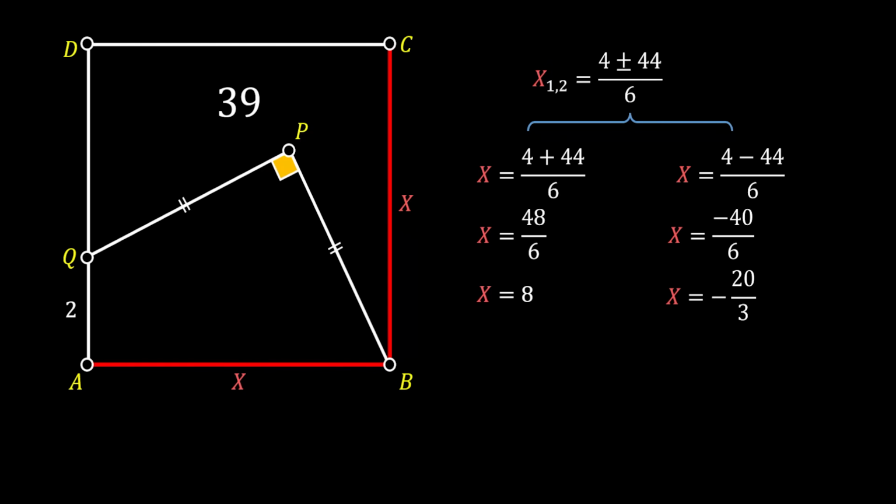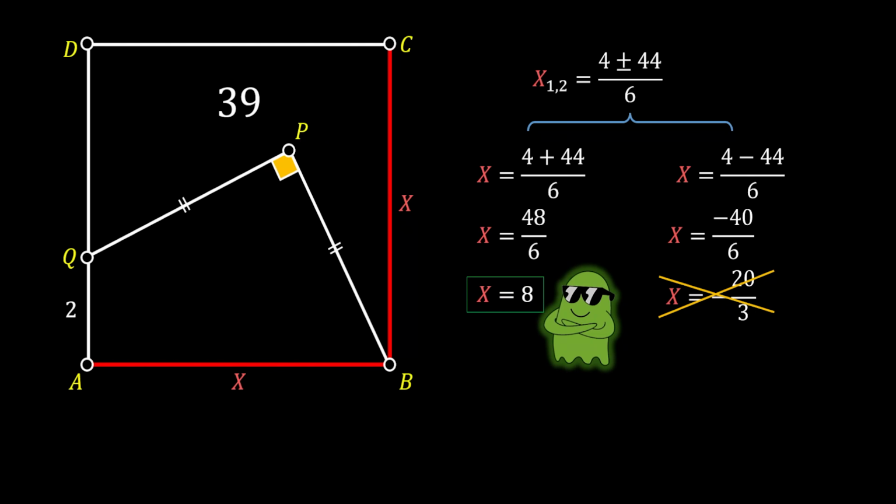But remember, we are looking for the side of the square, and side of the square cannot have a negative value, so the second solution is out of the question. And this means that the only possible solution for x is 8, and this is also our solution.